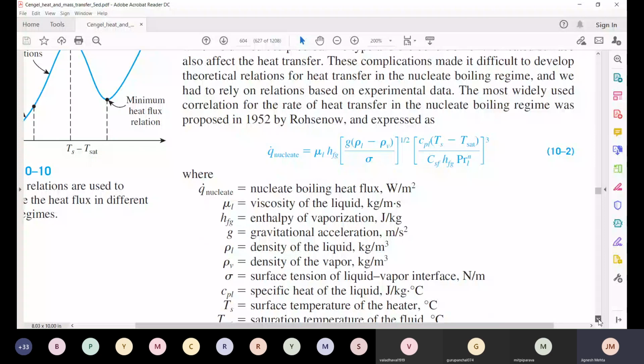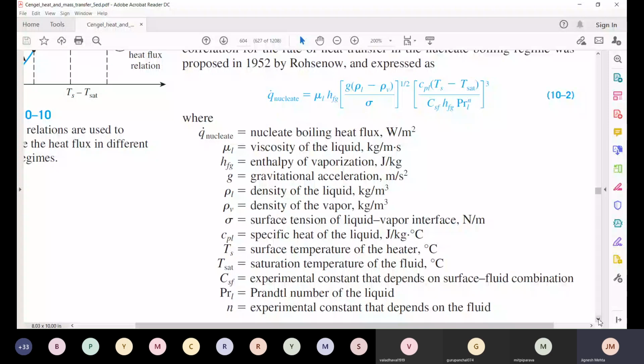They can have an error as high as 100% in some cases. It is stated that if you know the temperature difference and you are trying to predict Q dot, then the error could be as high as 100%. In the reverse case, if you know the heat flux and you want to find the temperature difference, the error might be lower.